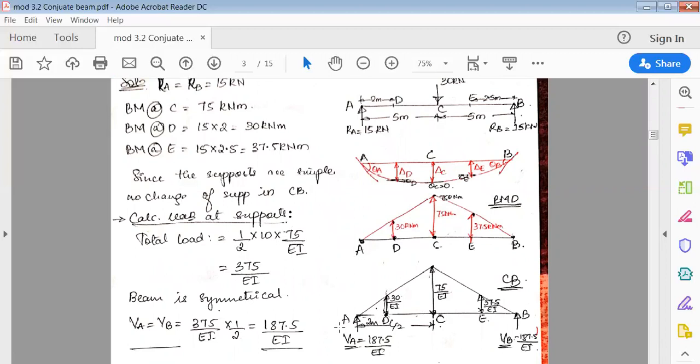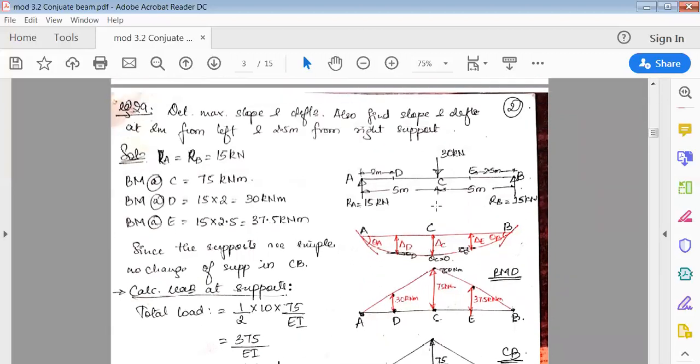Whatever is there in the actual beam, the same simple support is maintained for the conjugate beam. And then you can just go on solving with this. So the approach is different, but ultimately if you solve either by the moment area method or the conjugate beam method, both ways you'll get the same answer. Okay, thank you.